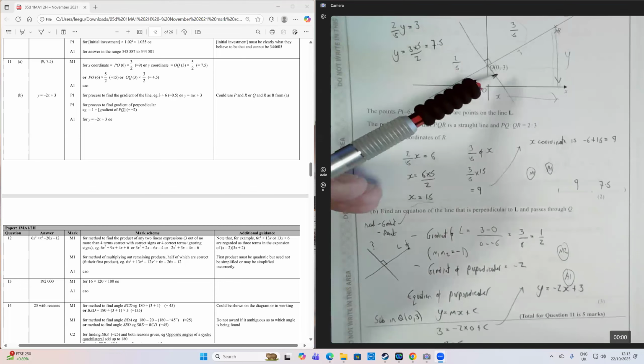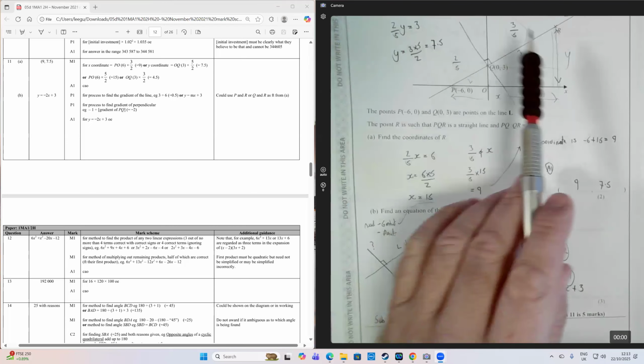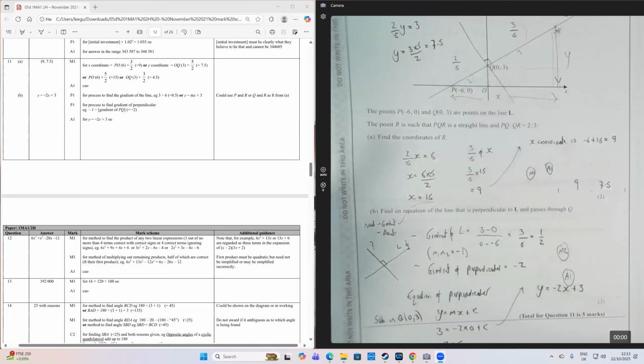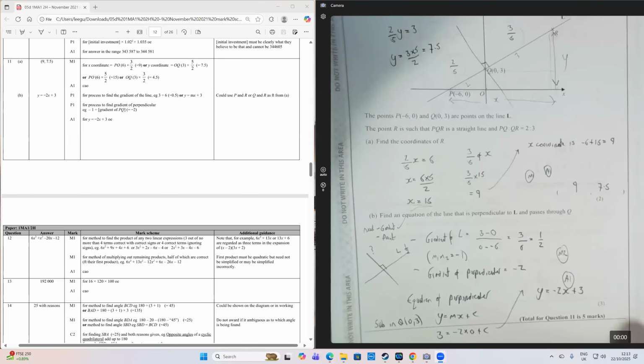What we're going to do is calculate the gradient of the line L, because when you have 2 gradients that are perpendicular, they are the negative reciprocal of each other. When you multiply the 2 gradients together, the product should be -1.